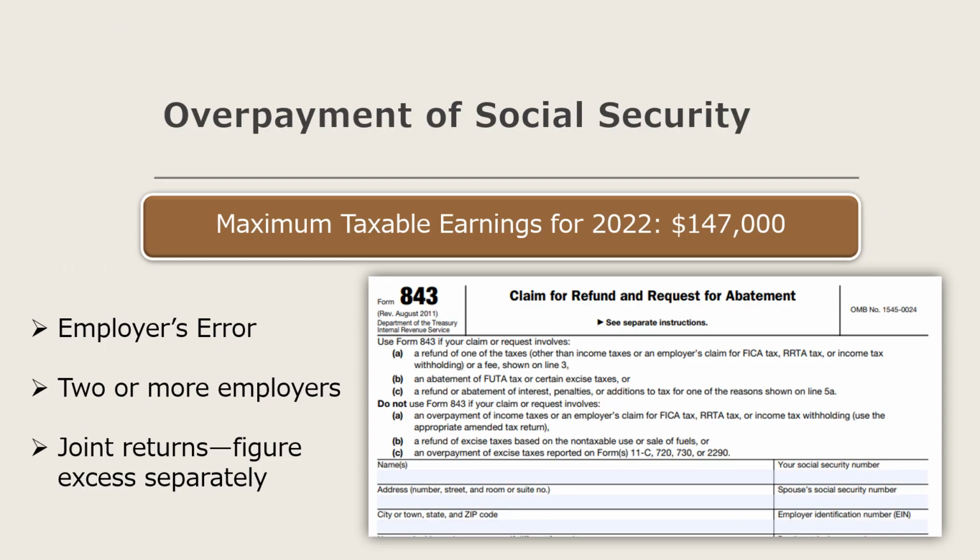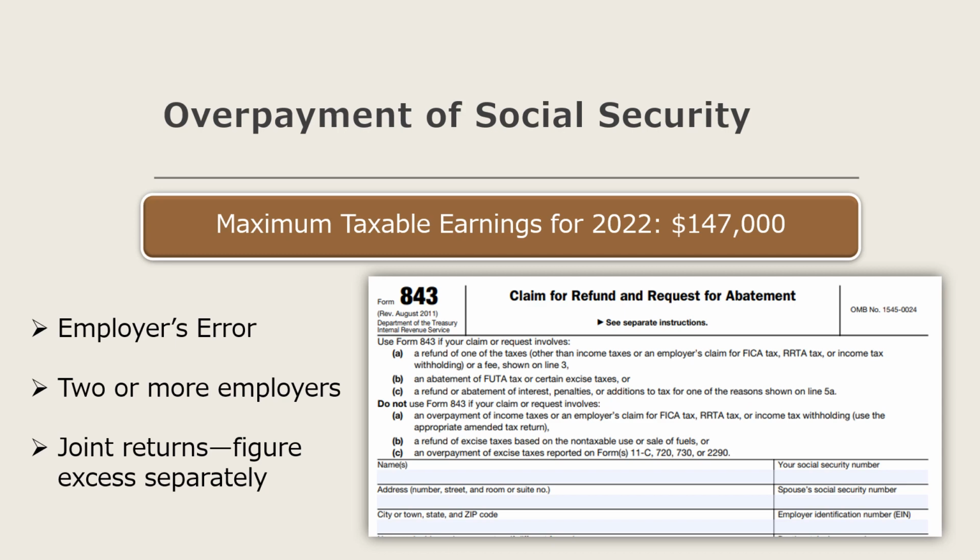It is also possible that some of our taxpayers may have overpaid Social Security taxes, because there is a cap on the amount of income that is taxed for Social Security. As you can see, it's reasonably high, so we don't see a lot of this with our clients.